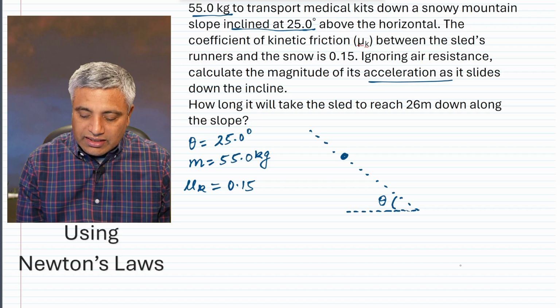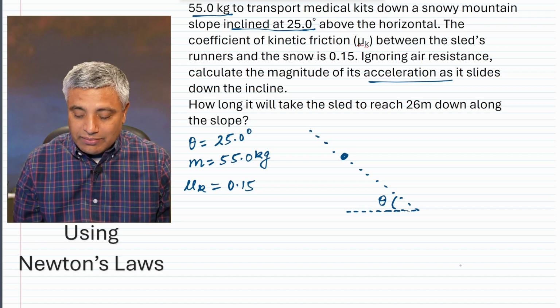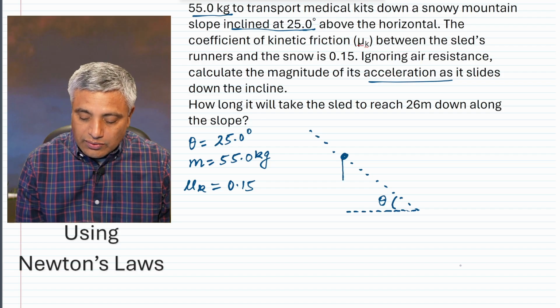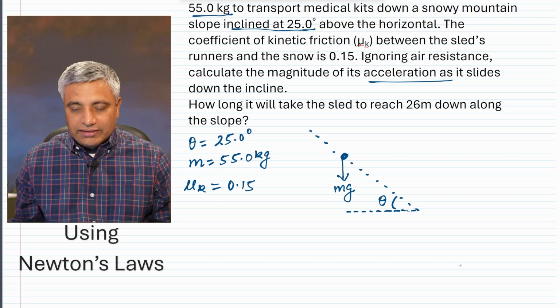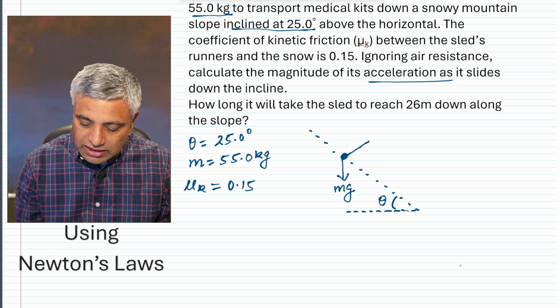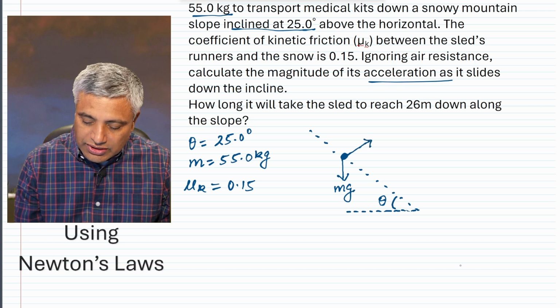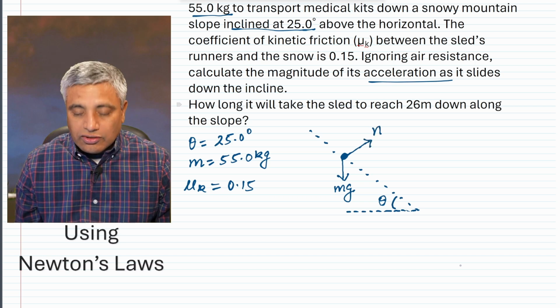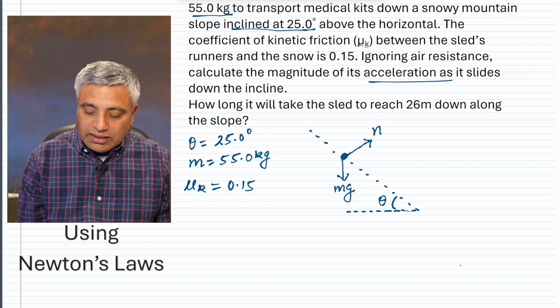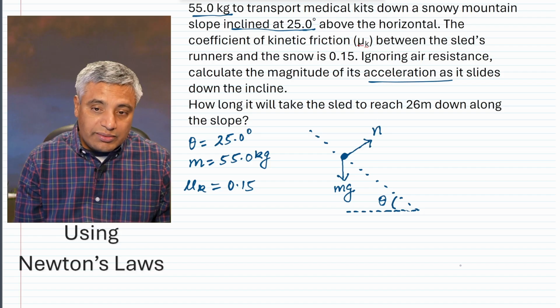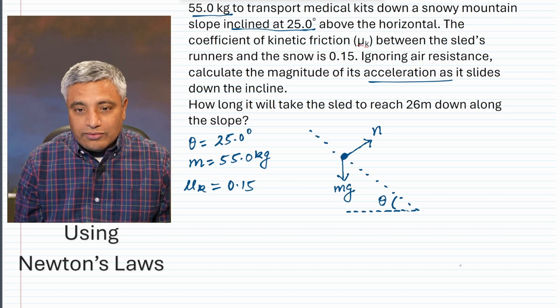We represent the object of interest by this dot, and weight is always vertically down, and it is being supported by that incline. There is a normal force, and the normal force is always normal to the supporting surface. And there is a friction coefficient, which means there is a friction force.